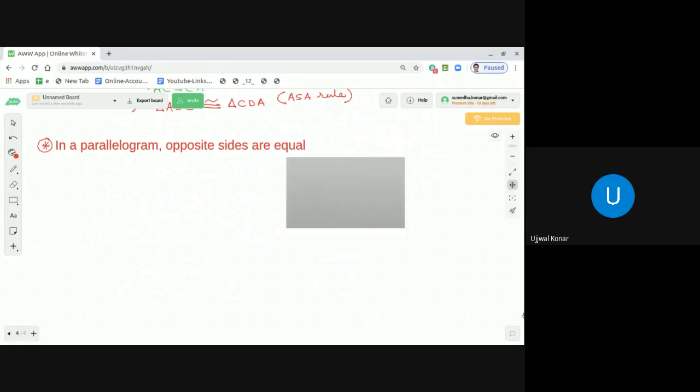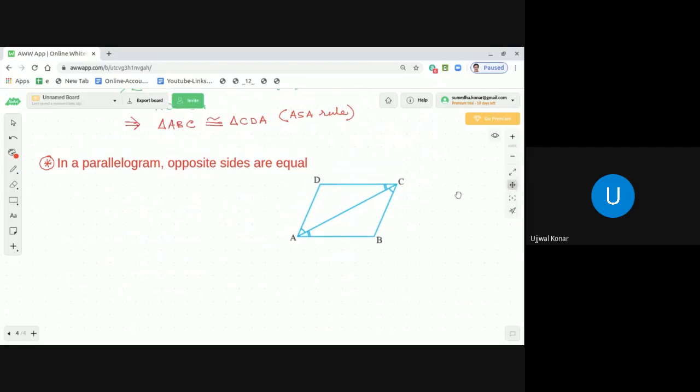From the previous theorem, what we were able to prove is that the triangle ABC is congruent to the triangle CDA. That sequence is very important. I explained in my earlier class on triangles that sequence is very important.